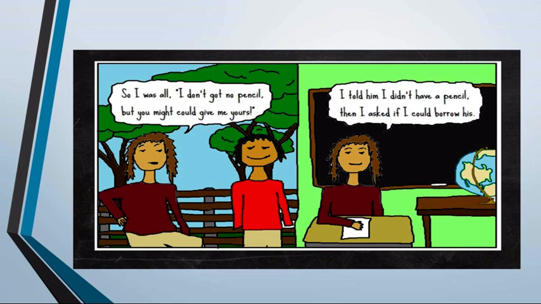During communication, you want to consider your audience when determining verbal and nonverbal communication. Just as we see here with the cartoon, we have someone speaking to a friend. She's using slang or non-mainstream English for sure, versus when she went into her classroom, much more proper mainstream English, right?